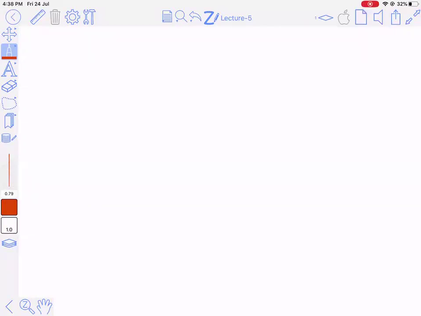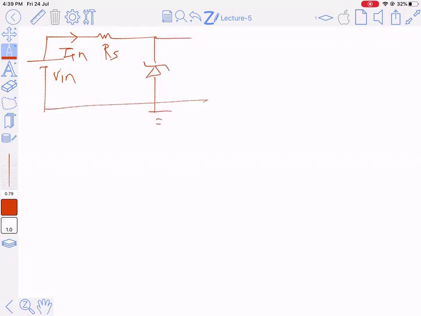So first we will draw the circuit of Zener as voltage regulator. I have over here Vin, this is my Rs. I'm denoting this current as In. This current is going to break into two sections: one flowing through the Zener, another flowing through the load.